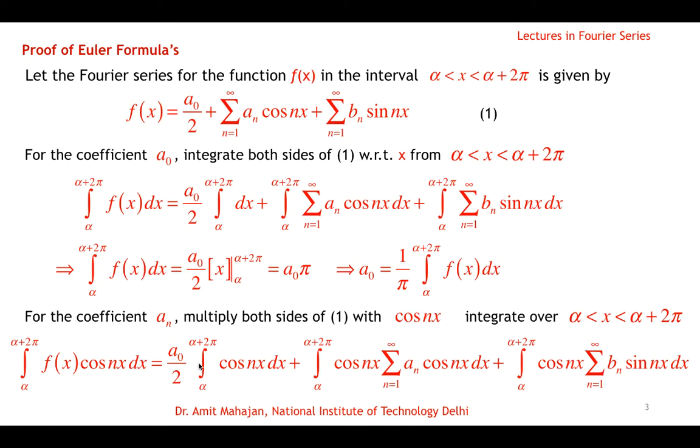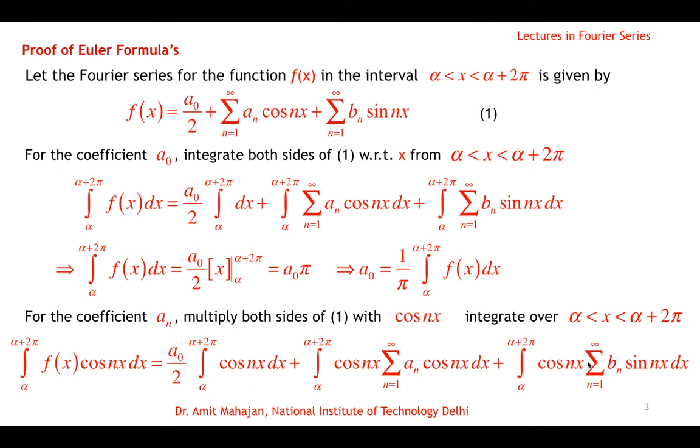Now on the right hand side, this first term, the integral of cos nx over this limit, if you solve it you will find its value is sin nx by n, and if you substitute the limit you will find that the value is 0.